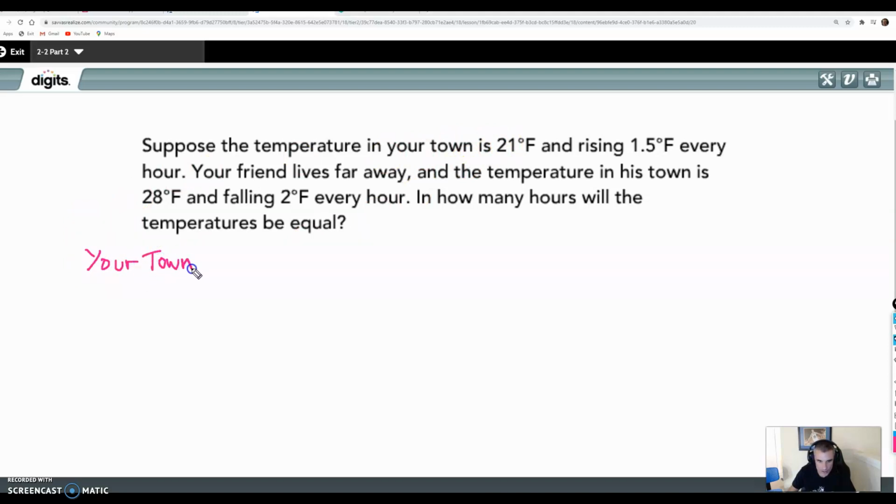And we live in Wisconsin or something because it's really cold. And it says 21 degrees and rising 1.5 degrees every hour. All right, so let's create a variable here and let it represent the number of hours. So I'm going to say x is equal to our number of hours.